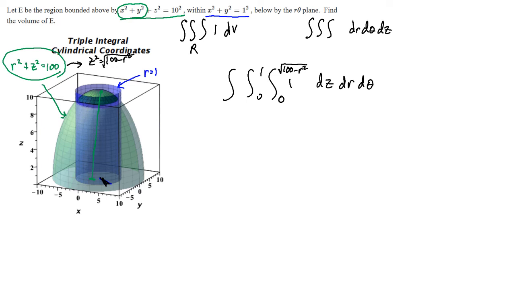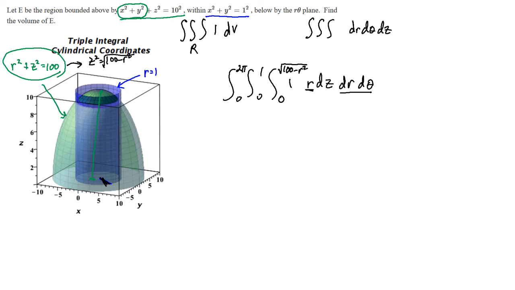If we use the thetas, they're going to go from 0 to 2 pi, since we have to go all the way around the circle. And the only thing that remains is the magical quantity that we always have to use if we're describing anything with r's and thetas, and that is the single r. So there's our integral.